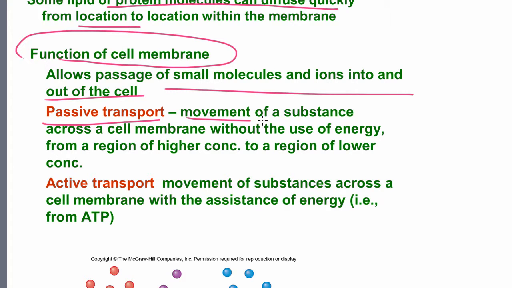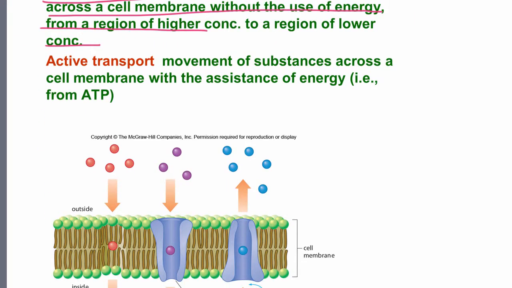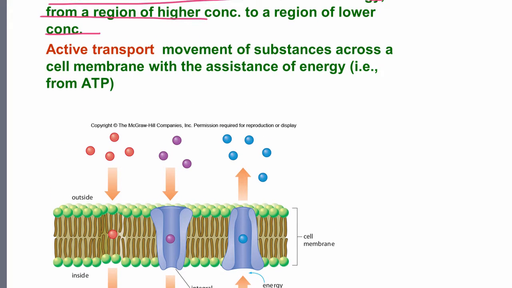Passive transport, and this is movement of a substance across a cell membrane without the use of any energy. And this is from a region of higher concentration to a region of lower concentration. And that's how it would work in nature, which is why no energy would be required. And then what we have is active transport.